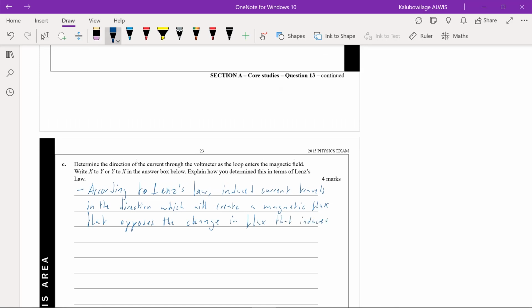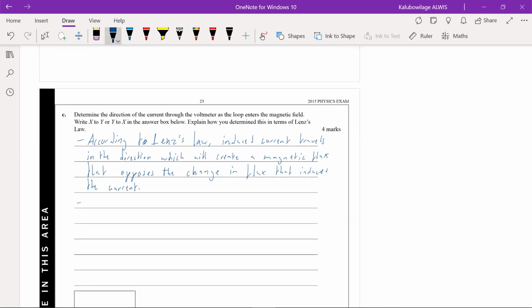This is entering, right? The loop enters, so there is an increase in magnetic flux.